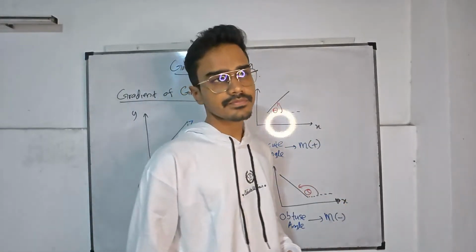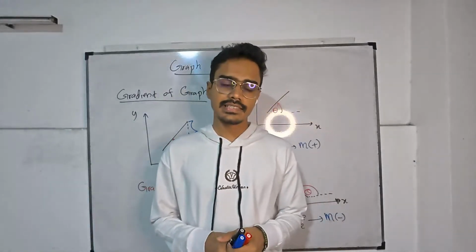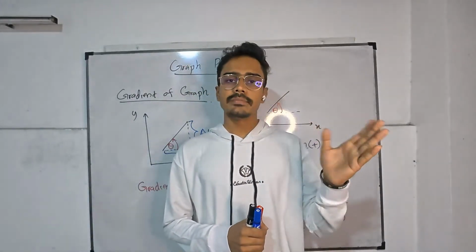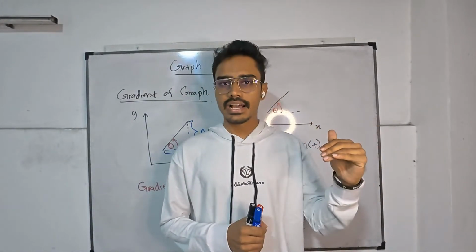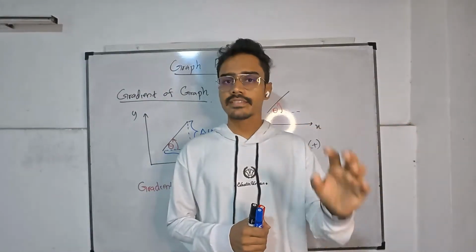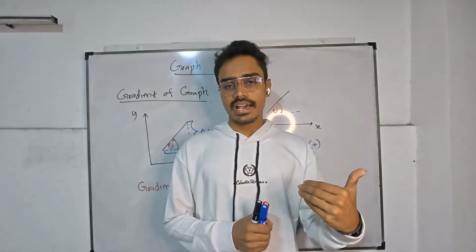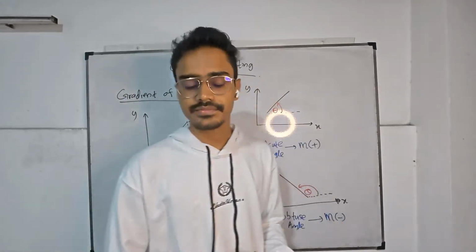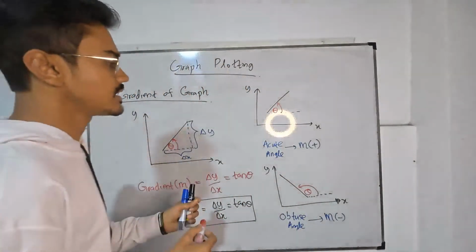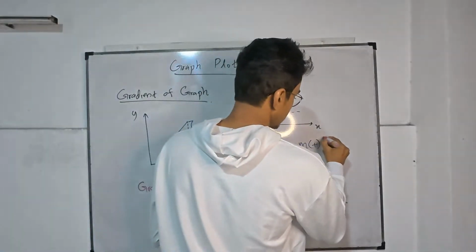So simply, the takeaway from this is, if the angle measured with the horizontal direction is an acute angle, that's a positive gradient. If that angle is an obtuse angle, that's a negative gradient. So this is a positive gradient. Take them down.